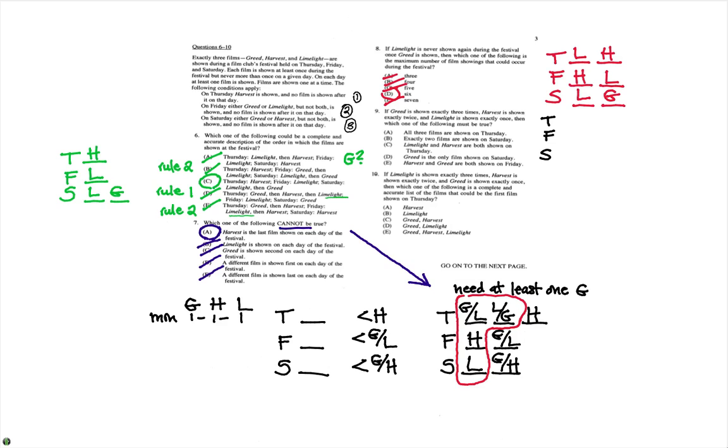Based on that, we know that greed is going to show up on both Friday and Saturday, because again, either greed or limelight, either greed or harvest, but not both. 9 tells us greed shows up exactly 3 times, so greed is on every day and greed must be last on both Friday and Saturday.